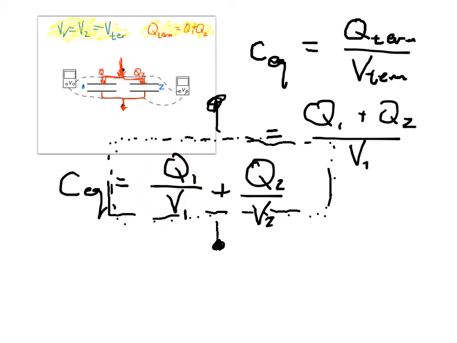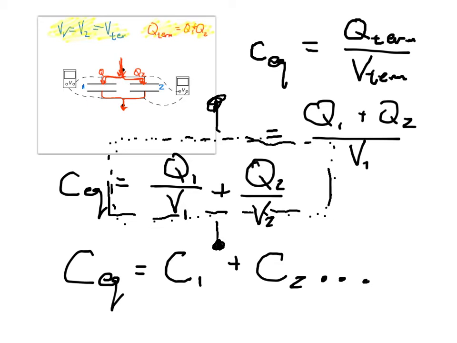Q1 over V1, well, that's just the capacitance of our first capacitor, and the same for the other capacitor. So the equivalent capacitance is just the capacitance of capacitor number 1 plus the capacitance of capacitor number 2. I'm not going to work it out, but if we have more capacitors in parallel, we could keep on going: C1 plus C2 plus C3 and so on.